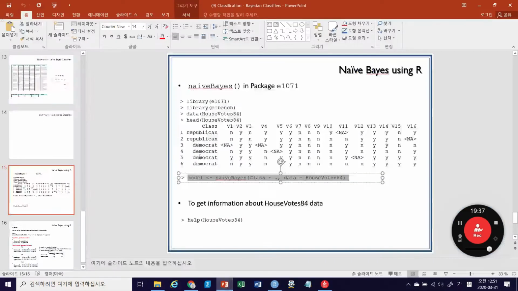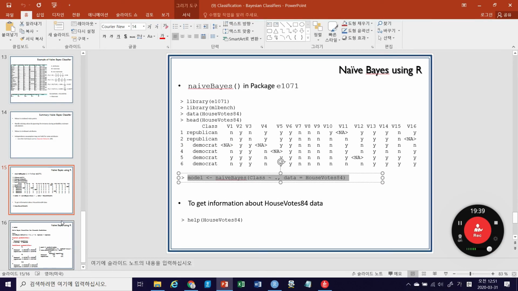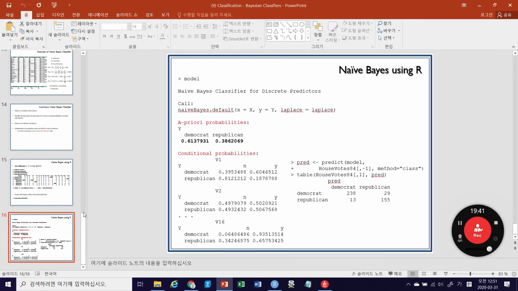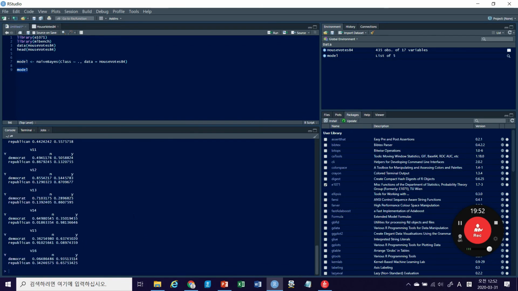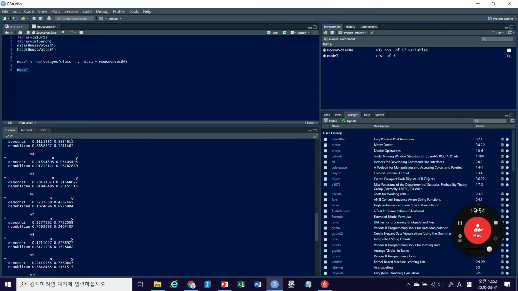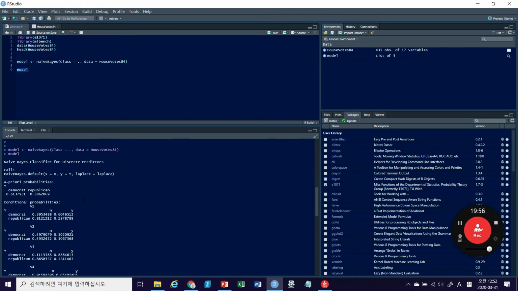Then by learning, just learn the trained model. So run this code, just evaluate this one. Then you can see from this console window the result of the training.